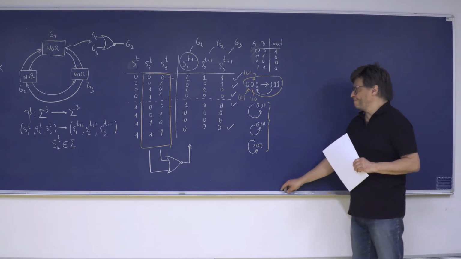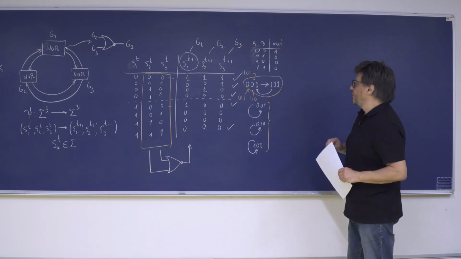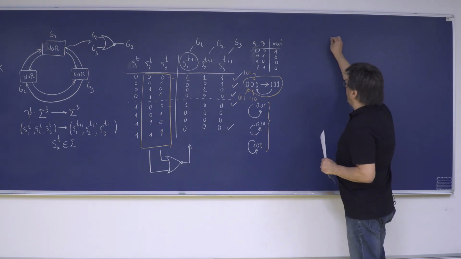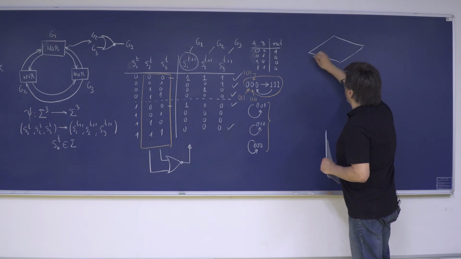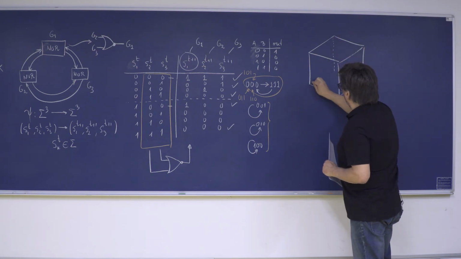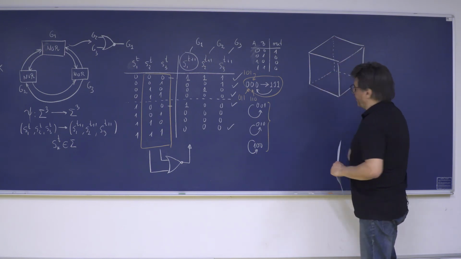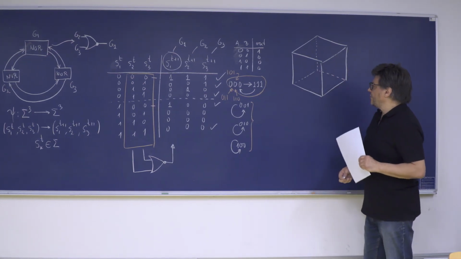So, another way of representing my attractors is to use the Boolean Hypercube, right? Remember that we have mentioned that, and also that we use that in fitness landscapes, right? It's a combinatorial possibilities of a dynamical system.